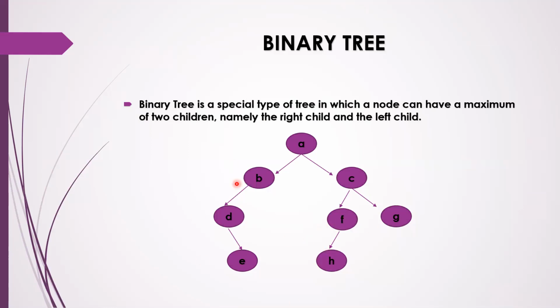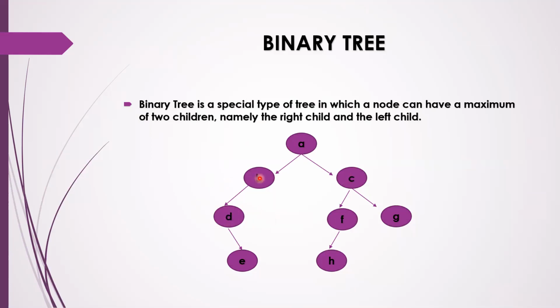So in this graph, we have parent A, and the children are B and C. B's predecessor is A, and B and C are siblings. D has no sibling.